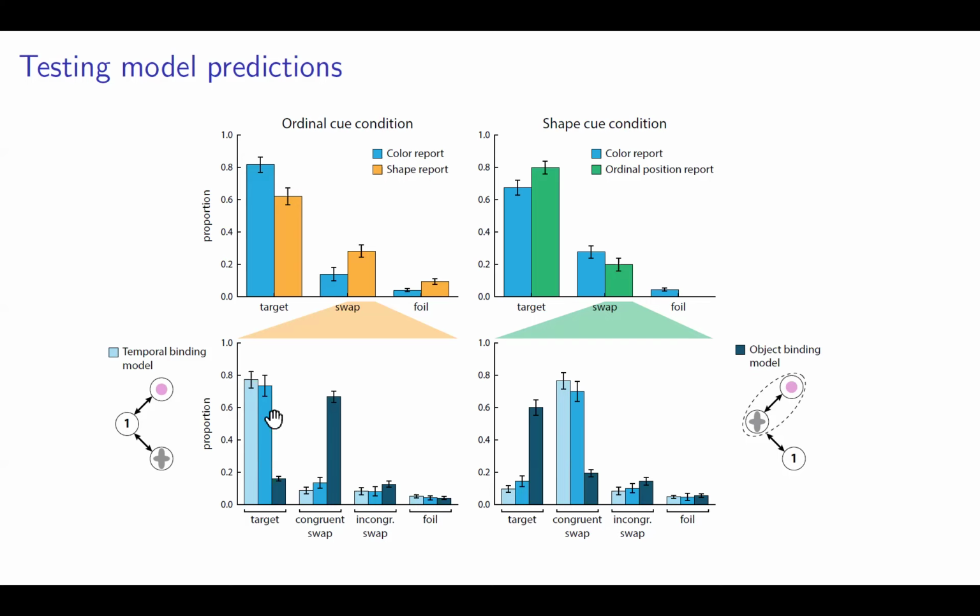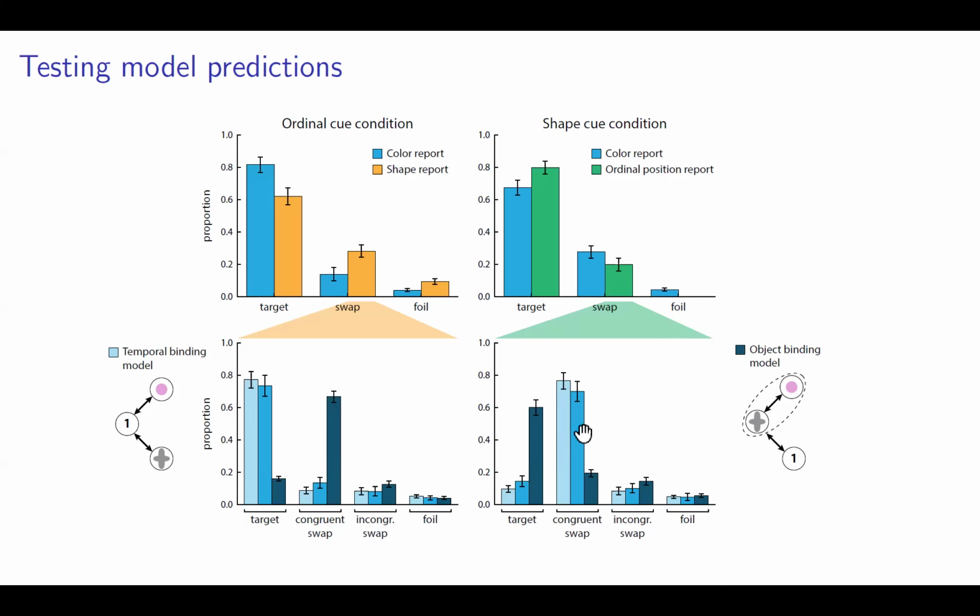And now the data that we actually saw, the blue bar in the middle, matches pretty closely to the prediction of the temporal binding model, both in that the target is mostly reported correctly when the shape error occurs, and that a congruent swap error occurs in most of the cases when an ordinal position error is made.